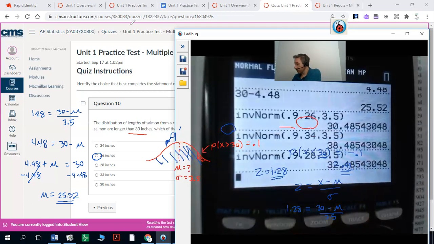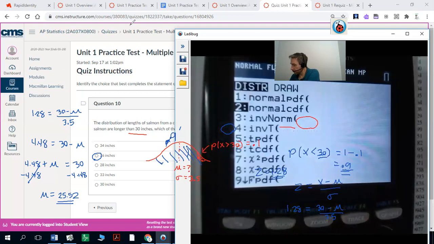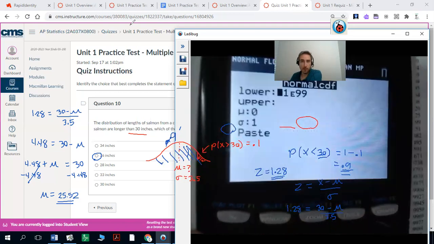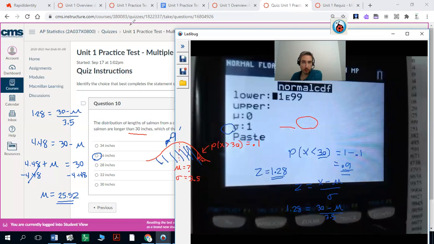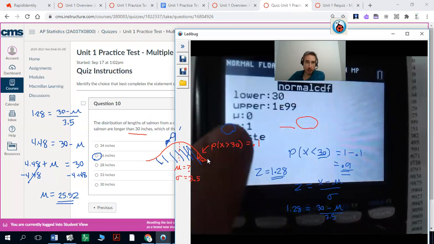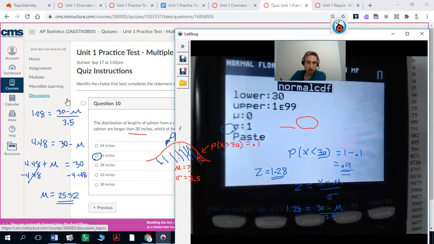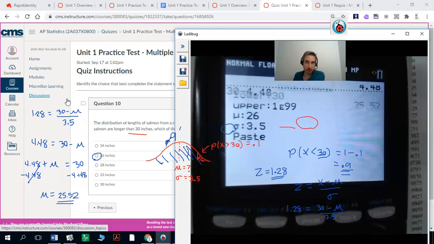Even another way would be to do the normal CDF. You would make your lower bound 30 because the original question was above 30, you'd make your upper bound infinity, 1e99. You would guess and plug in your mean. So if we plugged in 26 in our standard deviation of 3.5, we would want that percent to be about 10%.